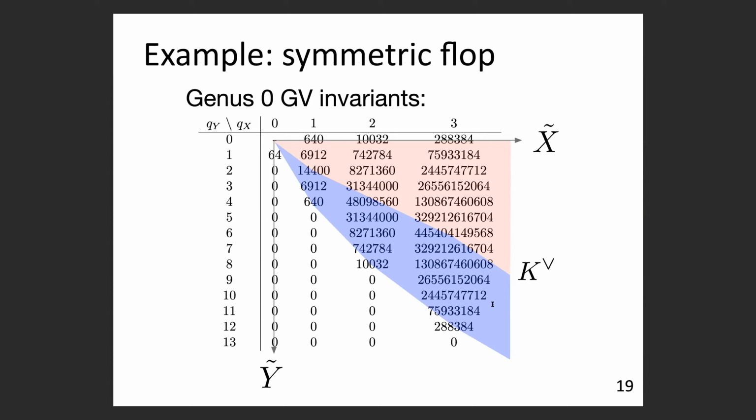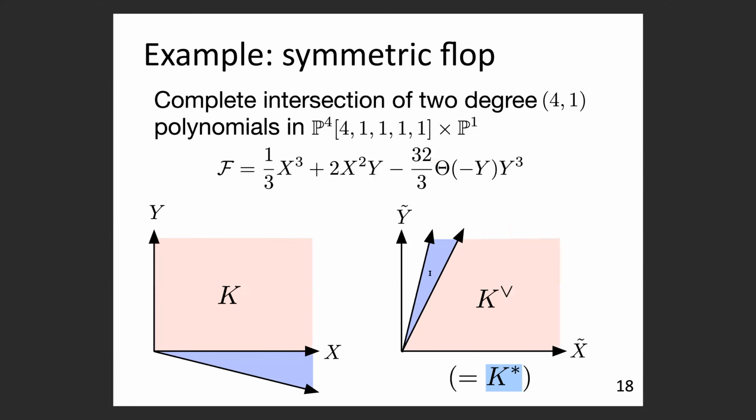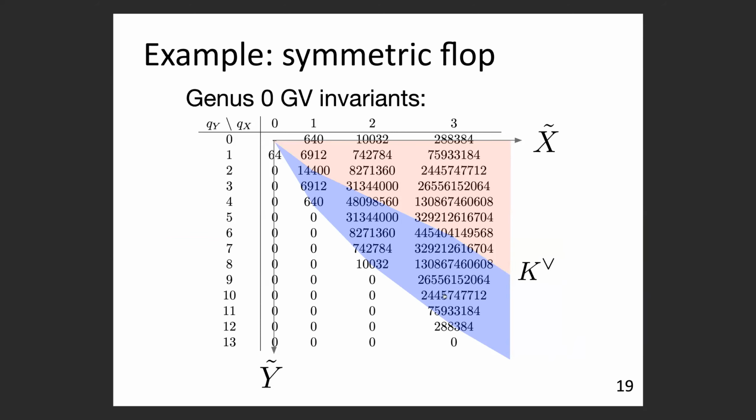My table isn't really laid out on a grid; the LaTeX is doing some weird spacing here, so it doesn't look quite right. But in fact, the region K check I had over here, I have to turn it upside down because of the way the table is oriented, is the same with the same colors as this region over here. It covers all of these numbers that are not 0, except the 64 over here.